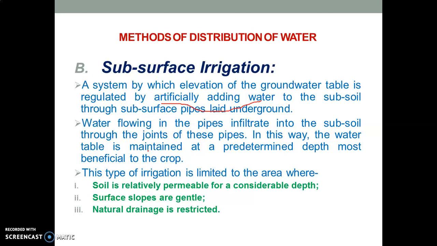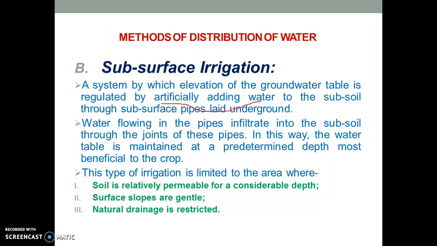Okay, and as we are transporting the water through pipes, there is also very little loss due to the transportation of water, and as the water is applied directly to the root zones, not much water is required.